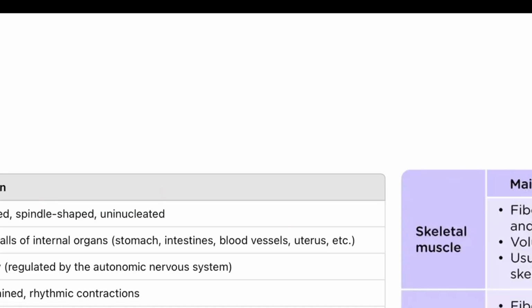They are controlled mostly by involuntary actions regulated by the autonomic nervous system. So the autonomic nervous system mostly controls smooth muscle activity. Their contraction is slow, sustained, and rhythmic, and they are regulated by hormones and neurotransmitters like acetylcholine and norepinephrine.